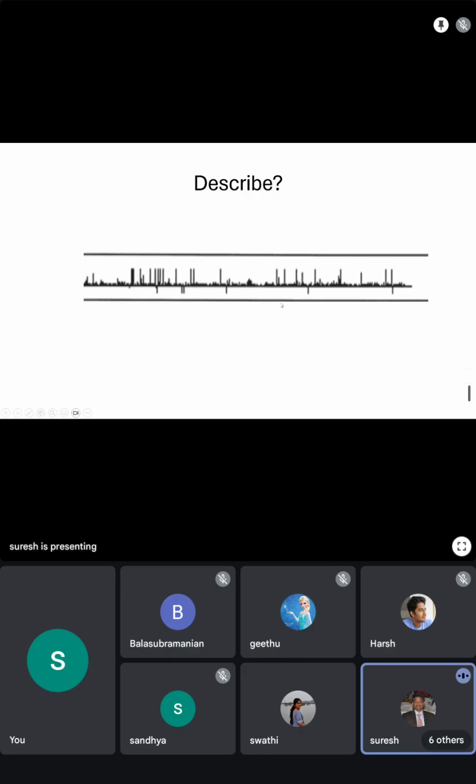this, what is this? Gaze tracking. Gaze tracking, very good. What does the upper deviation suggest? What does the lower deviation suggest? See, whenever there is an upper deviation, that means the patient is not fixing, he is moving his eyes.